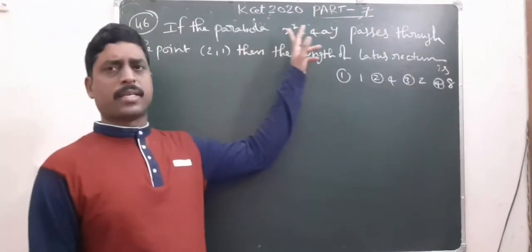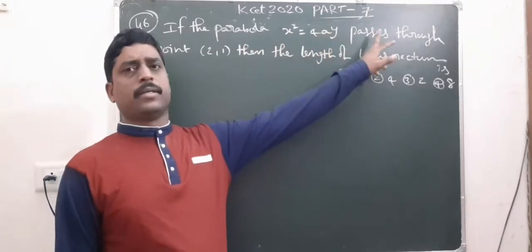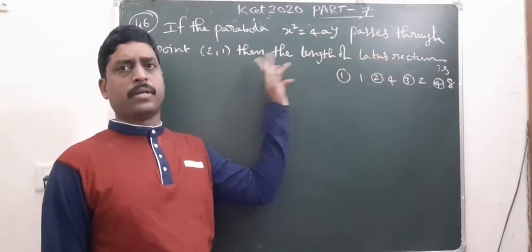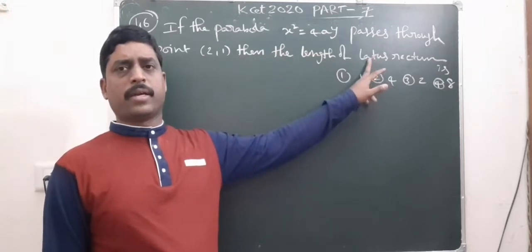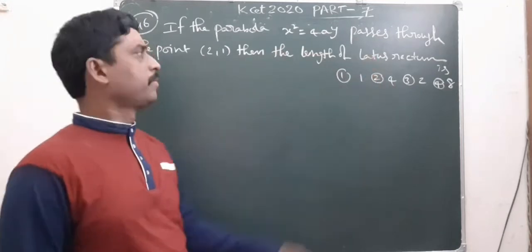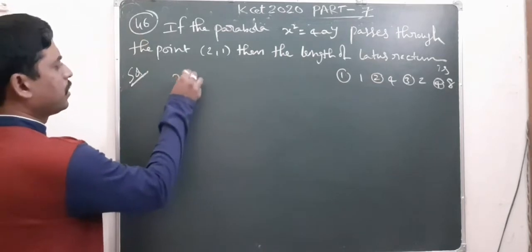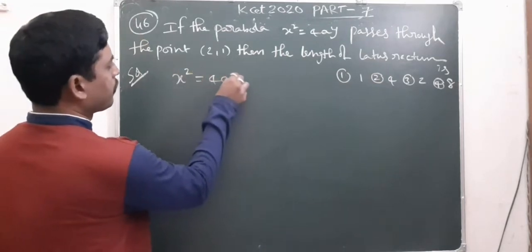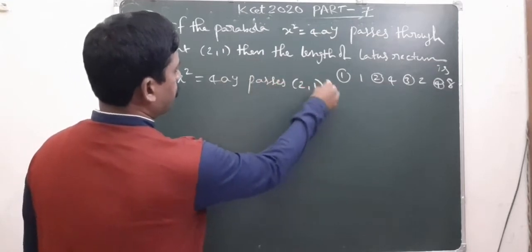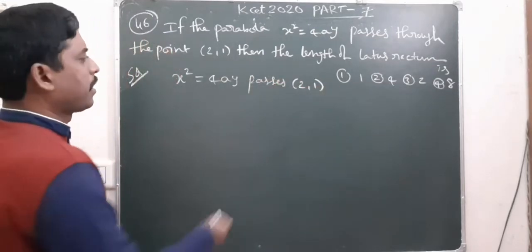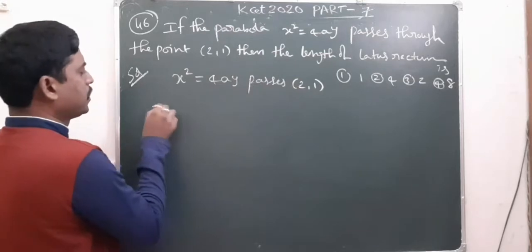So let us see question number 46. If the parabola x square is equal to 4ay passes through the point (2, 1), what is required? The length of latus rectum. The length of latus rectum formula is 4a. So x square is equal to 4ay passes through (2, 1). So on the xy plane, substitute (2, 1) in this equation.